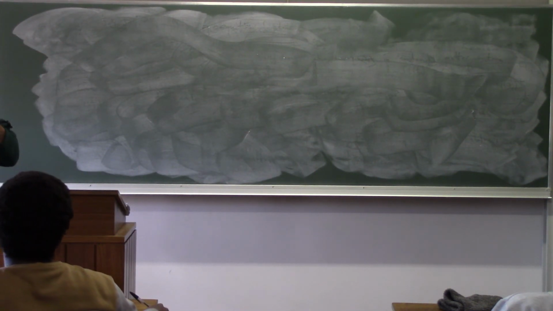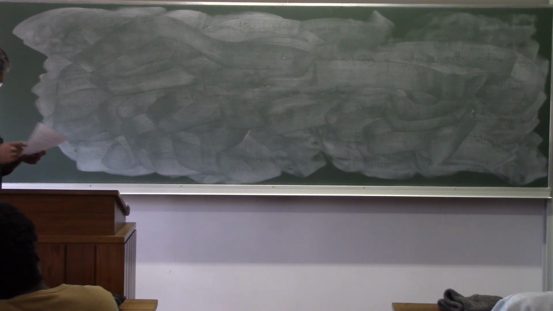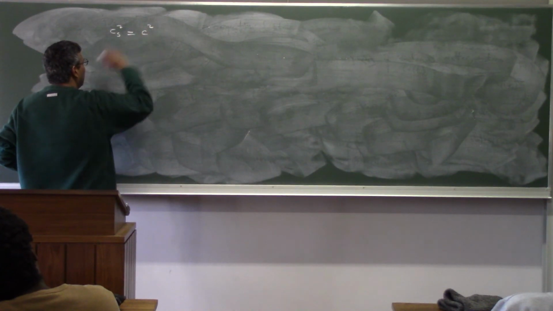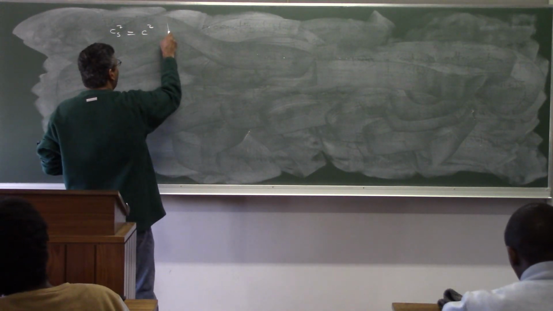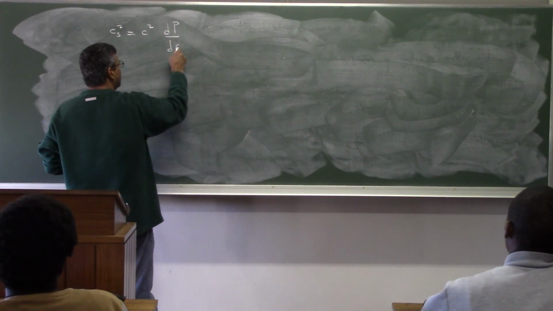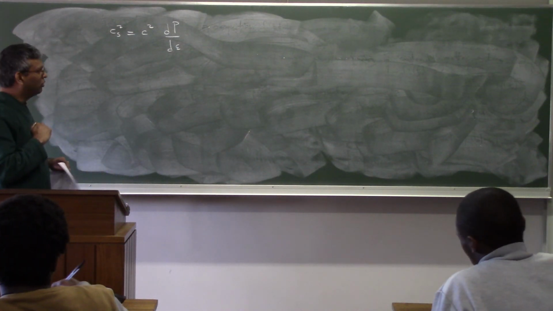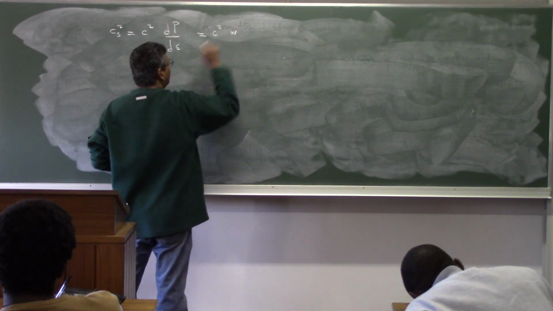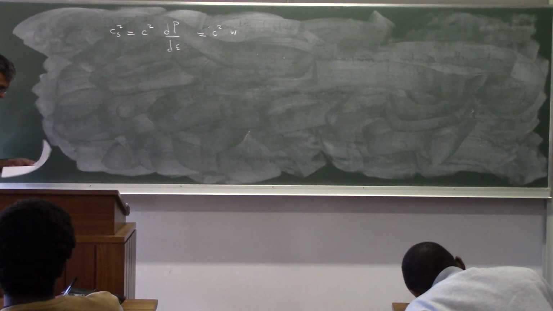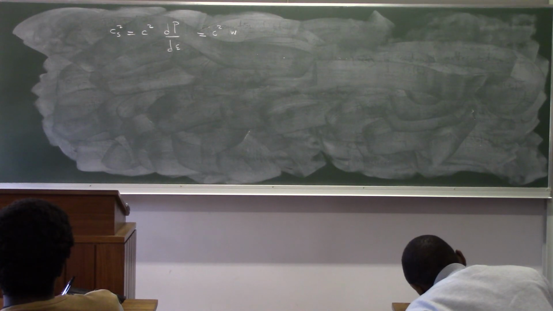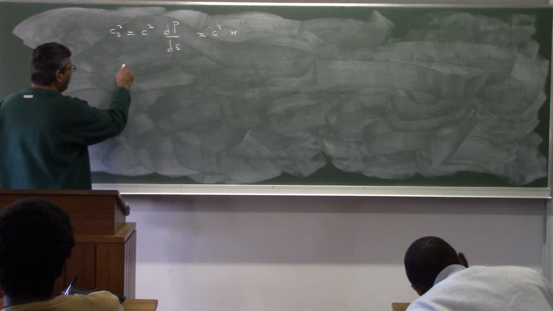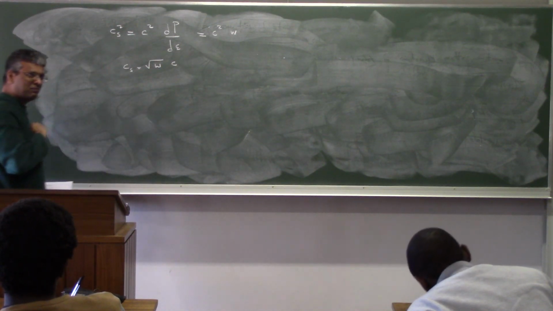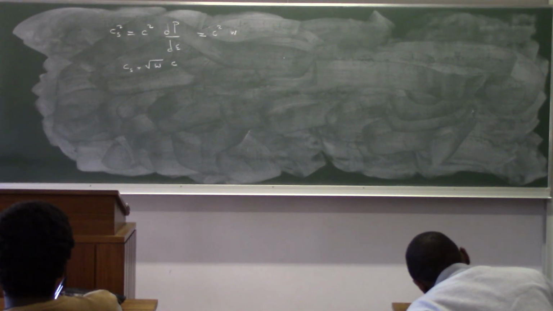So the speed of sound in a medium, cs squared, is the speed of light squared times dp d epsilon. So this equals c squared times w, where w is the equation of state parameter. So the speed of sound is root w times the speed of light in the fluids we're considering.